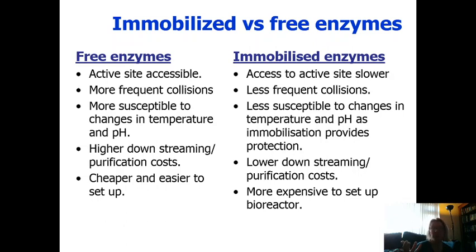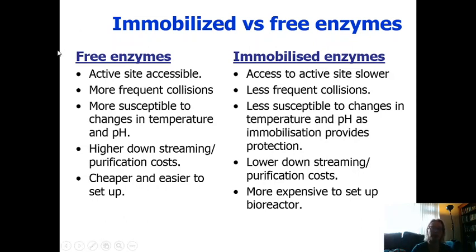Also the immobilized enzyme is fixed in place, so that takes time as well for the substrate molecule to bind to it. So with the free enzymes, you'll have much more frequent collisions because the enzyme and the substrate molecule are moving around, so you're much more likely to collide with one another. Whereas with the immobilized enzyme, you've got less frequent collisions because it's just the substrate molecule that's moving around.